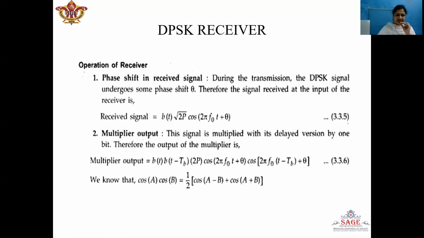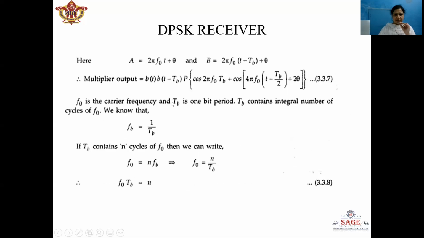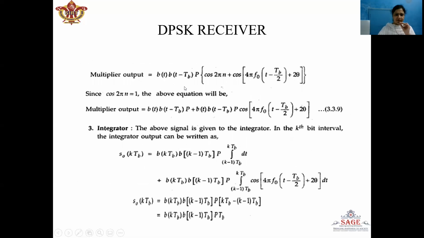Now here we can see the multiplier output, which we have already discussed in the previous slide. This multiplier output, when given to the integrator, will be summed up between (k minus 1)Tb to kTb.